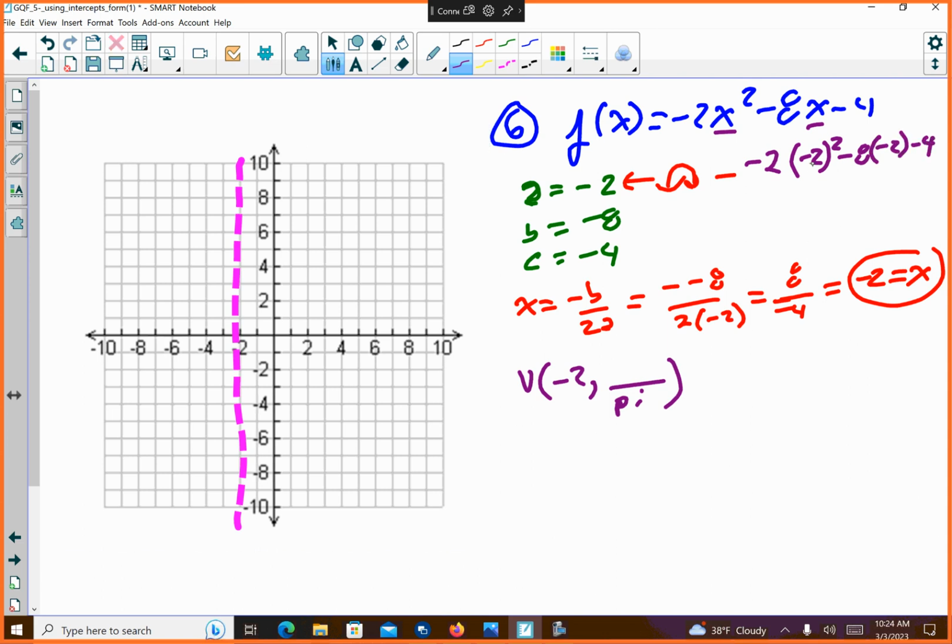Negative 2 times negative 2, positive 4. Positive 4 times negative 2, negative 8. Negative 8 times negative 2, positive 16, right? Minus 4. That's going to give me 8. That's going to give me 4. So negative 2, 4 is up here.